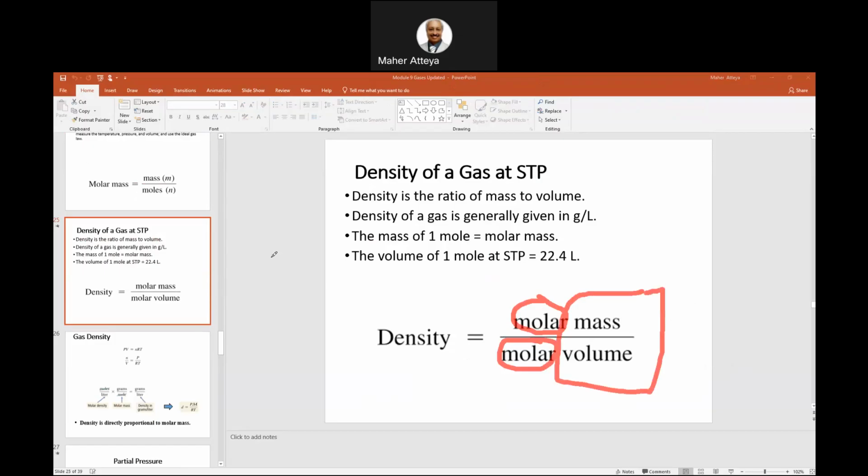When you are relating to 1 mole, then yes, you say molar mass, because you are relating the density to 1 mole of the material itself, or a compound, correct, or matter itself. So anytime I have a ratio, mass over volume, this is the density.